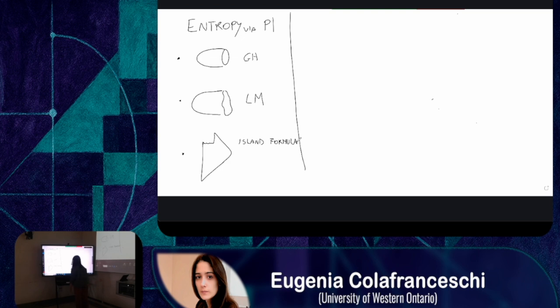Now, in particular, from the Lekovitz-Maldacena construction, we first get a formula for the entropy, which is called the Ryu-Takayanagi formula, in which we recover the area of a certain extremal surface, which I'm going to call gamma, over 4G.